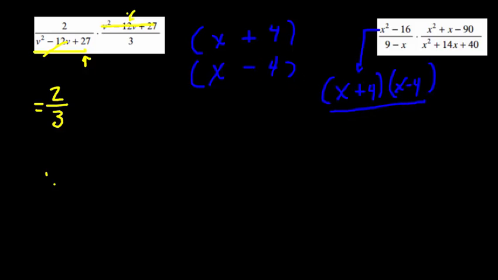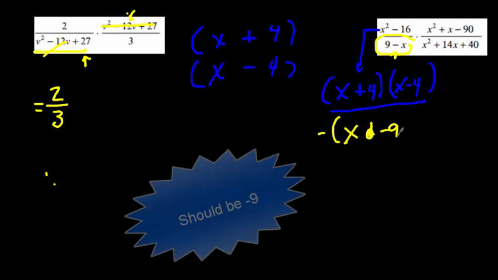So there's the top. Now on the bottom, I never, ever, ever leave a minus x, because it just complicates life. So instead of making the minus x, I'm going to pull the minus out, and then just change all the signs and make it x minus 9.